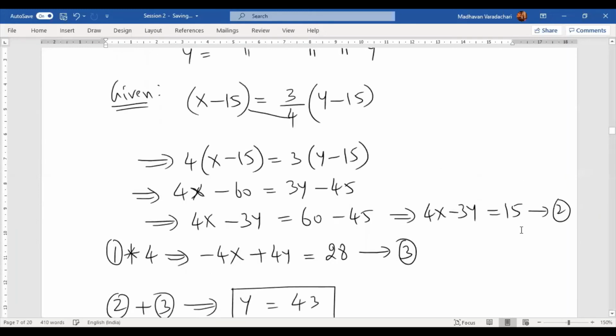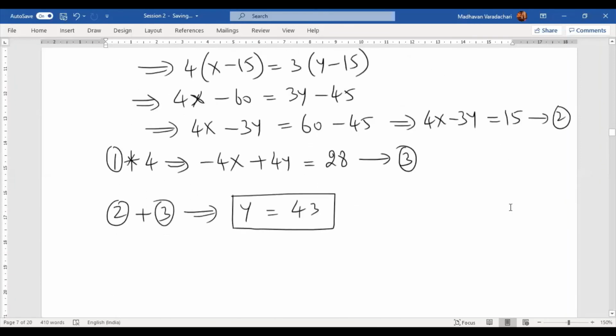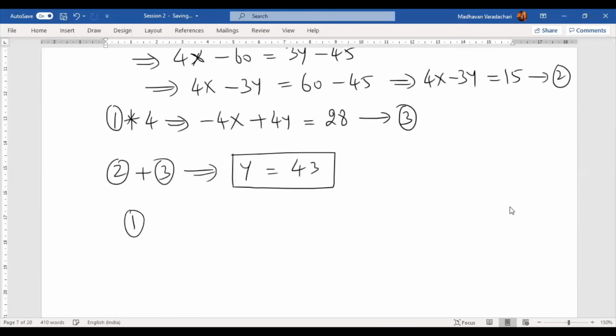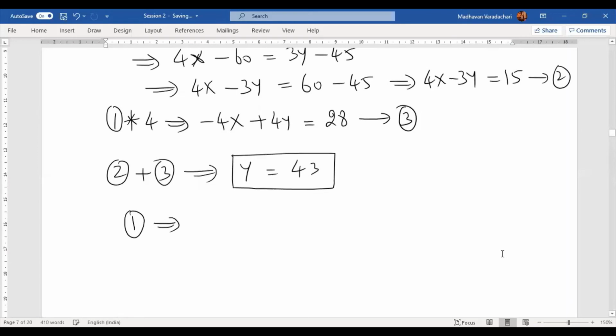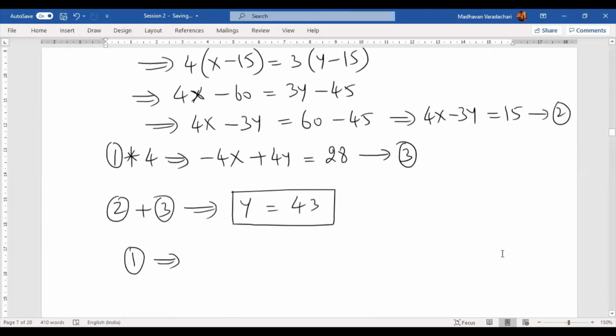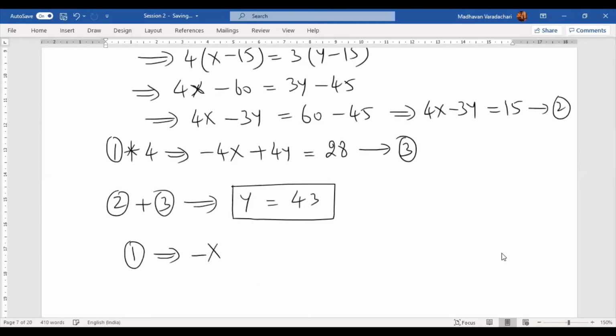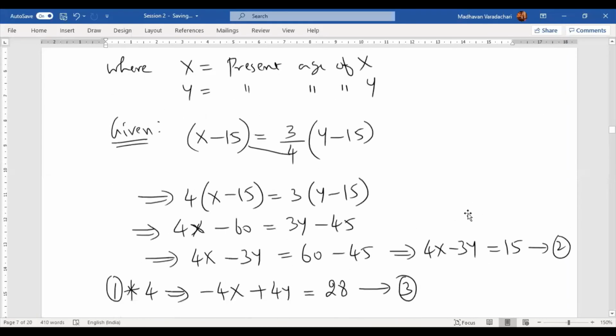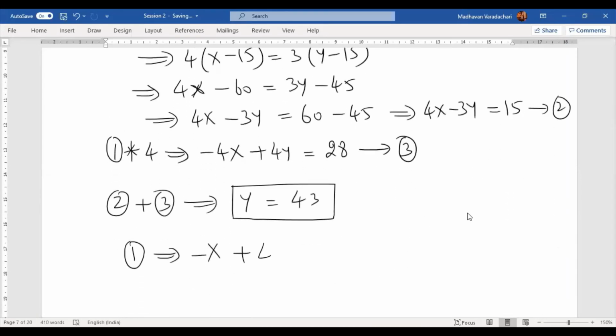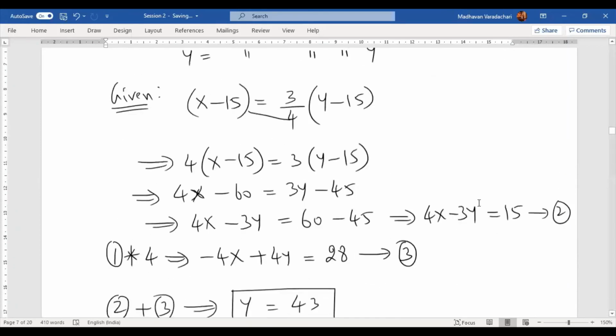What will be the age of x? Let me use the first equation. 1 implies minus x plus 43, because plus y it is, plus 43 is equal to 7.